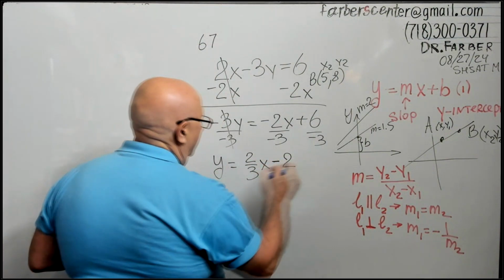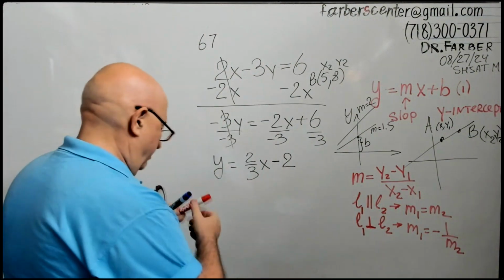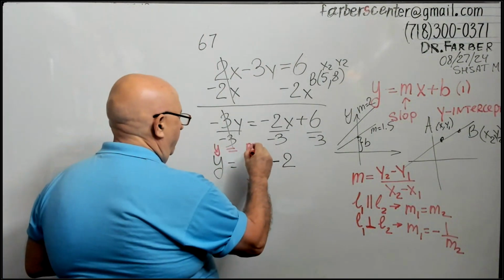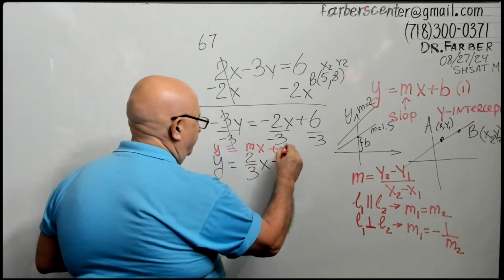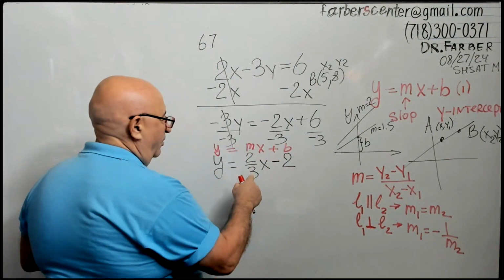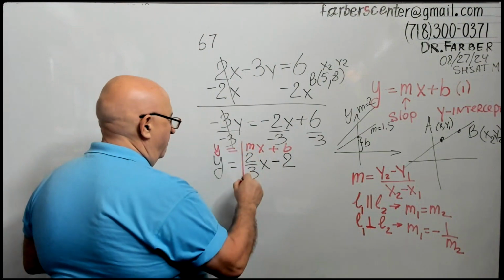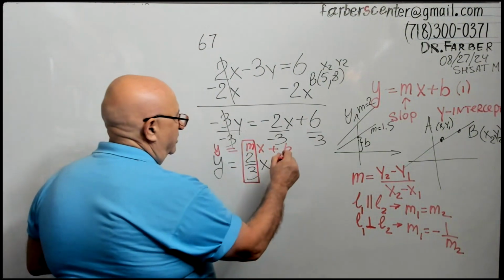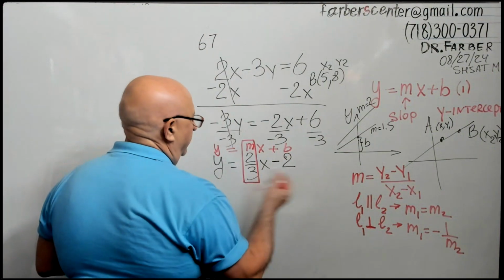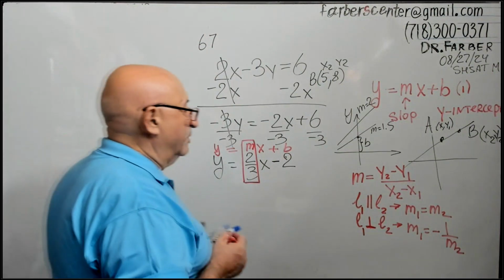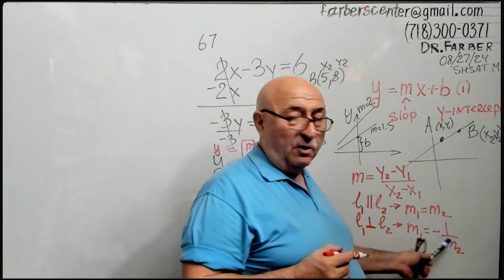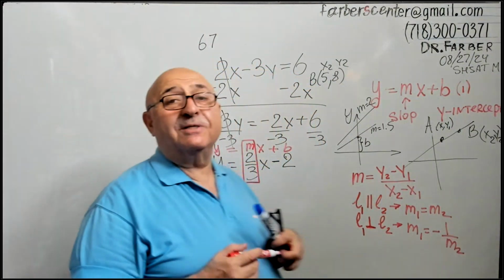For comparison, I will write on the top y equals mx plus b. Now you know m equals 2 over 3. We don't care about the other number, because in order for lines to be perpendicular, the slope is supposed to be the negative reciprocal, right?